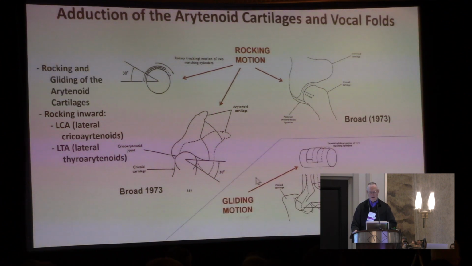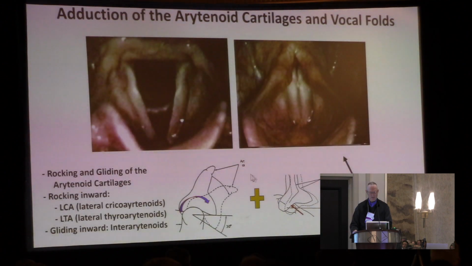And so then there's a gliding motion, it's like on a cylinder, right? So now you have both the gliding of the arytenoid and the rocking, and combined, when you go from an abducted position like this is the vocal process on the right vocal fold. This is the vocal process tip on the left vocal fold, and some tracheal rings, etc. The arytenoids are over here, and over here, and the interarytenoid muscles in here.